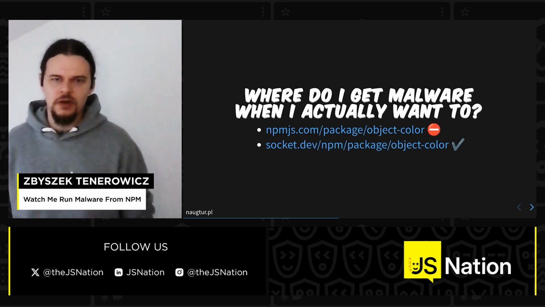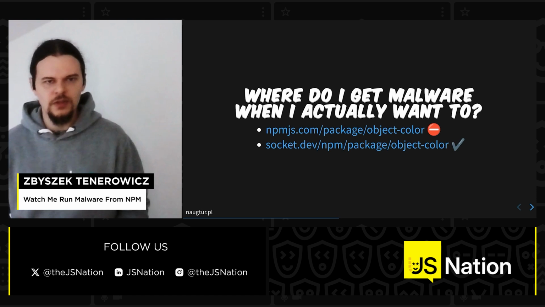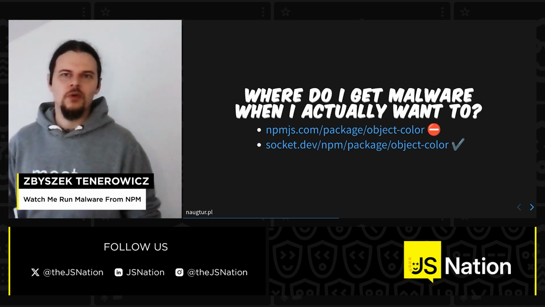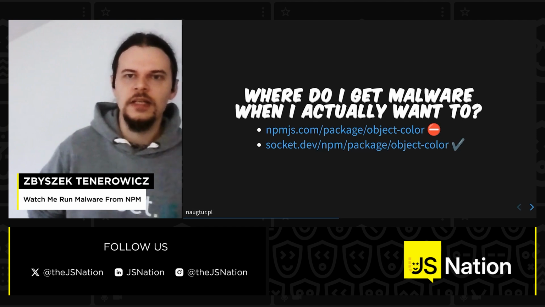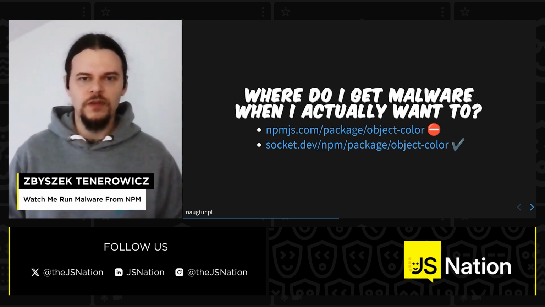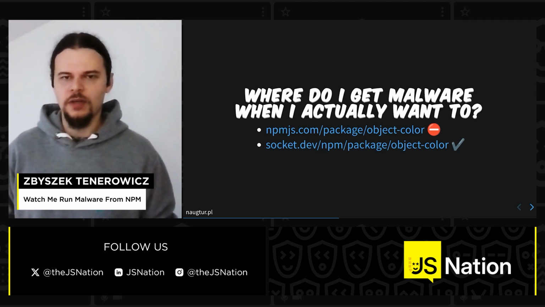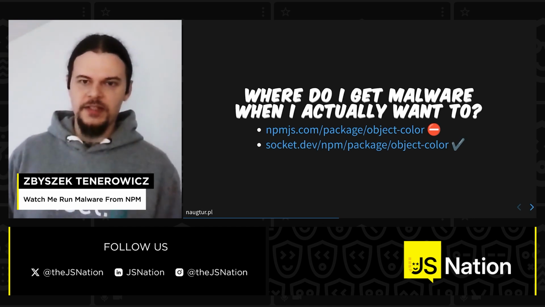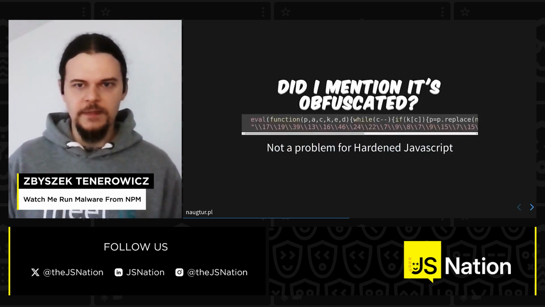So if you want to explore a malicious package, you can go to Socket Dev, where they have a package contents explorer on the website, and they don't remove old versions. So you can look at the contents of the package and download bits, which is what I did.